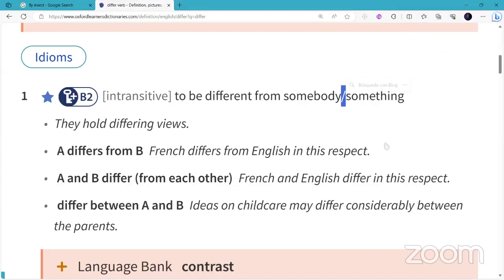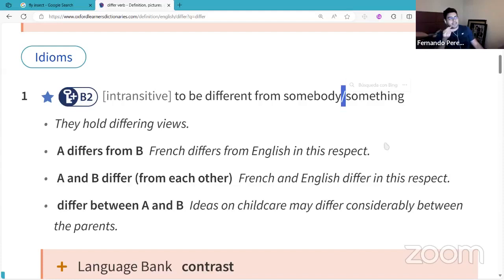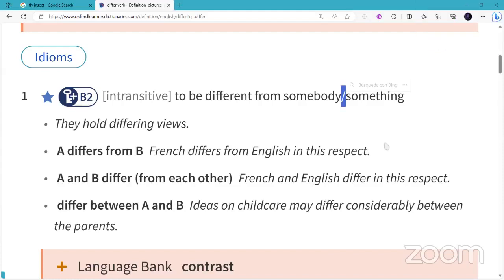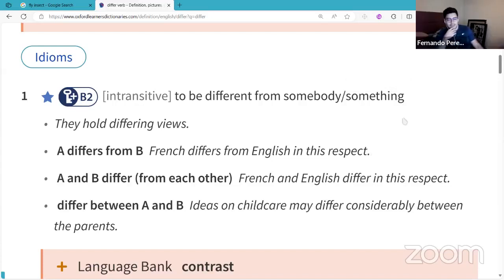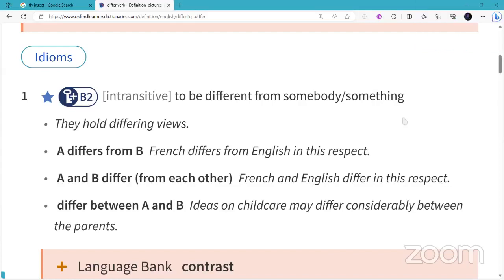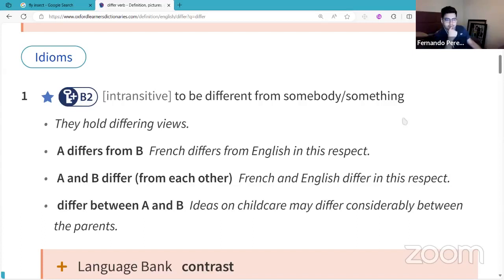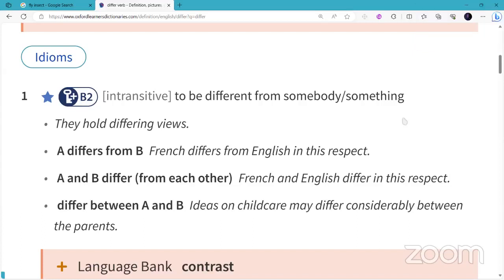I am not sure. Or, remember, it's an option. Or? Yes. Okay, or. One more time. Differ. Yes. The definition. Differ, intransitive, to be different from somebody or something.